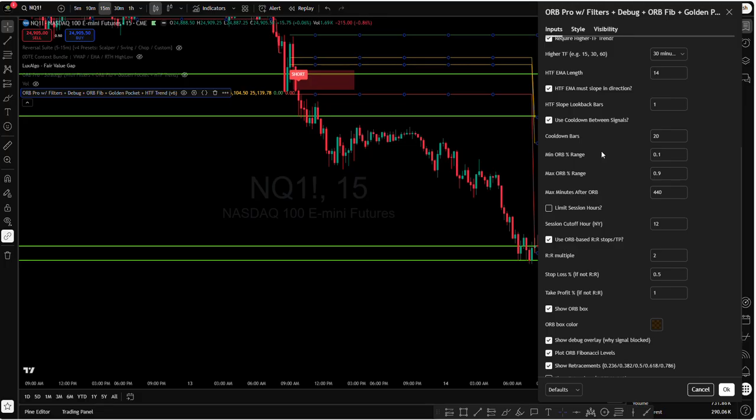The range on the ORB box itself, I want to make sure that we have a good percentage of how big this box needs to be and how price action needs to play within these box lines. So it's fully customizable. You can open up the range or you can close it down, however you want to do it in this indicator.